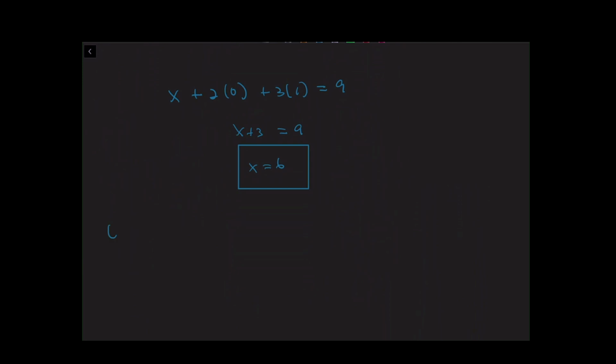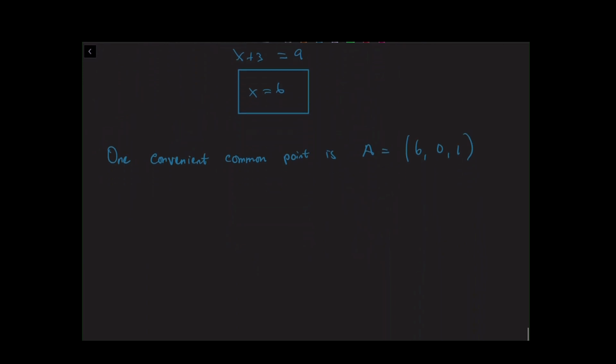We could say one possible, convenient, common point is, you could call it point something. Let's call it A. We have 6, 0, 1. So therefore, my line of intersection, call it here my vector equation.